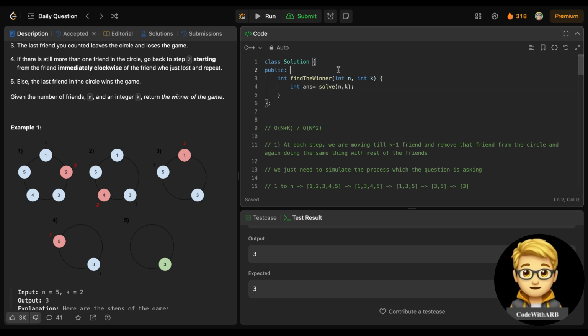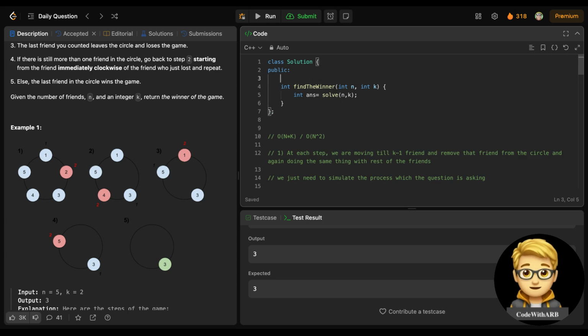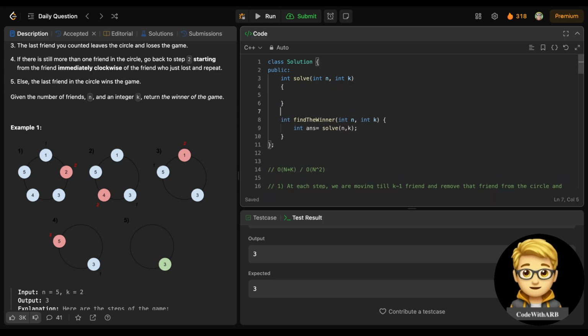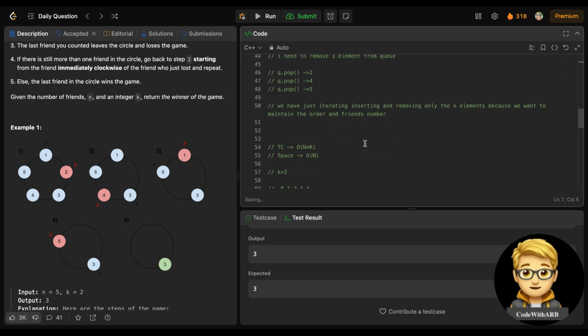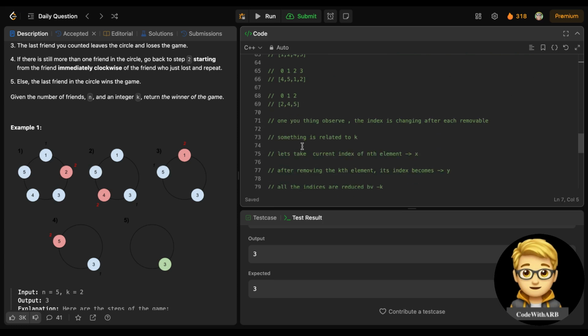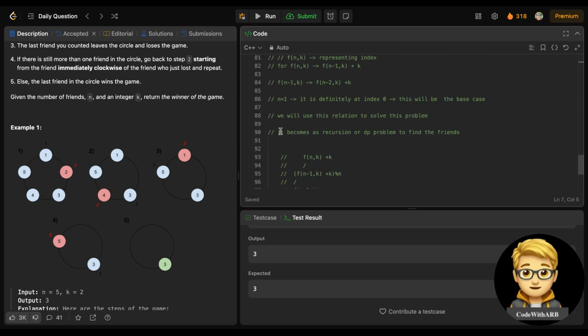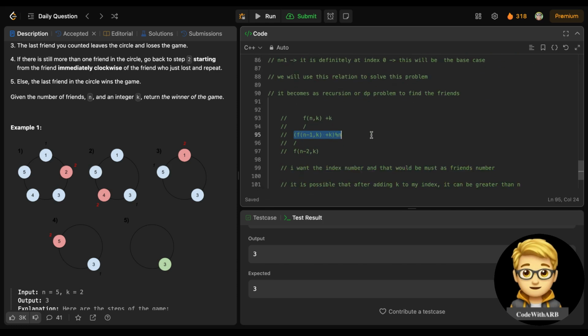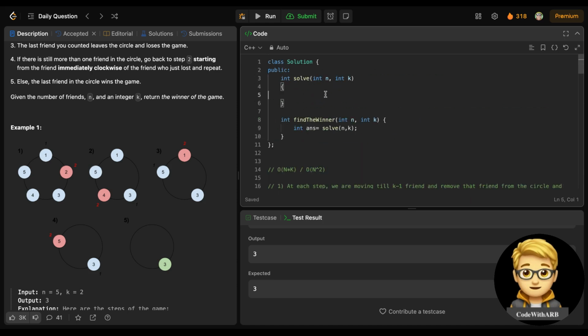Now we will pass these values. Now what we need to do is find the index of its lower value, which is the n-1 value. This is the relation ultimately we need to find, right?